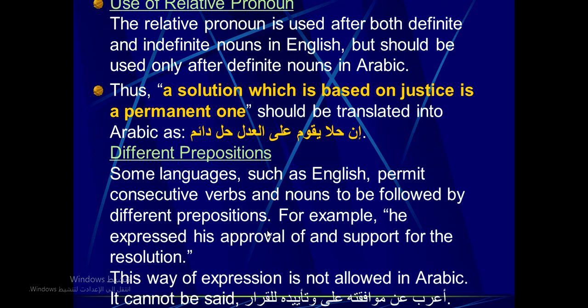So be careful about this, okay? We cannot say again موافقته على تأييده للقرار. Because the English permits consecutive verbs and nouns to be followed by different prepositions, right? But Arabic does not permit.